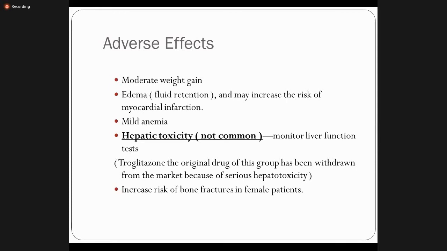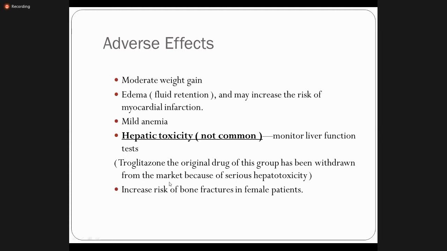hepatotoxicity, not common, but we must monitor the liver function. Why hepatotoxicity? We should keep hepatotoxicity in mind, because one of the parent drugs of this group, troglitazone, the original drug of this group, has been withdrawn from the market because of serious hepatotoxicity.